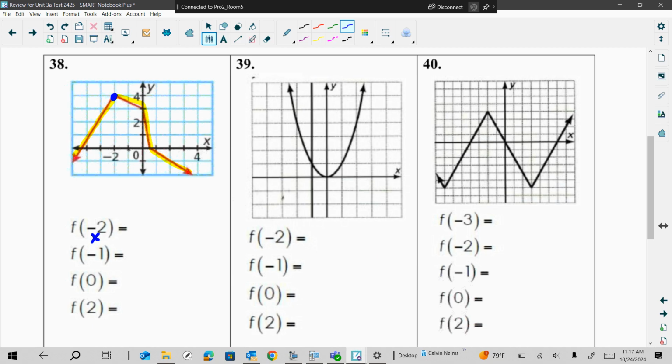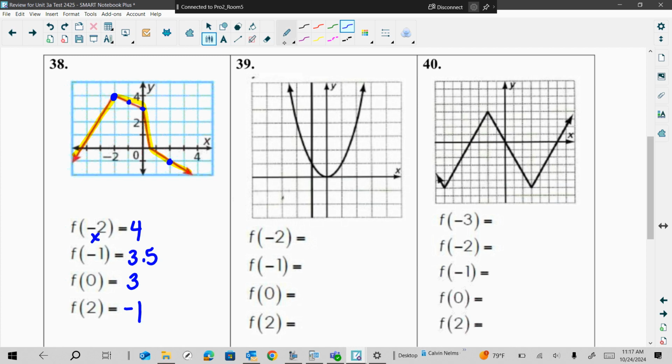What's the value of the function up here? 4. Yeah, equals 4. Negative 1 is 3.5, 0 is 3, and then 2 is negative 1. Good.